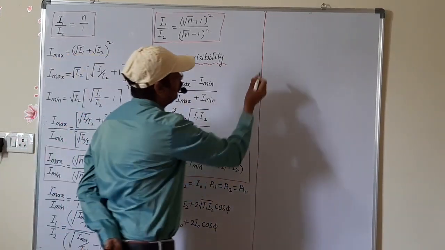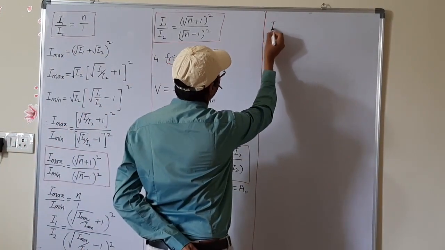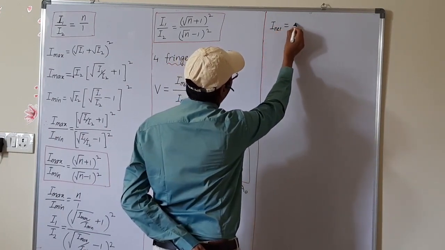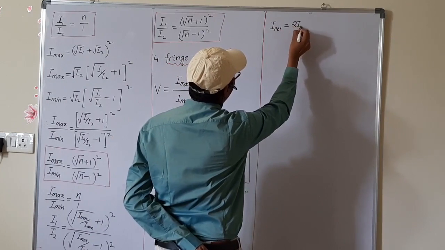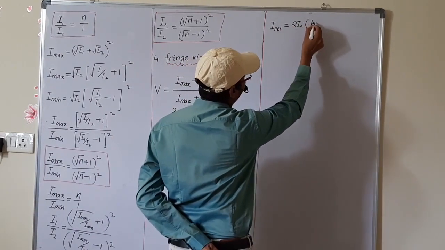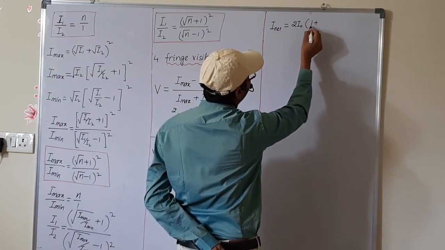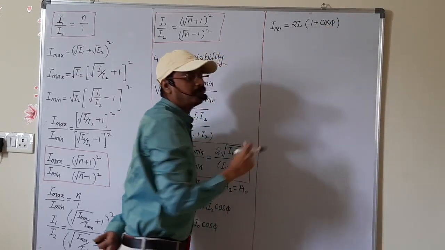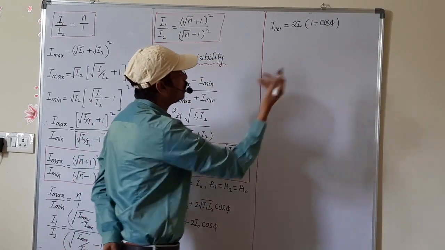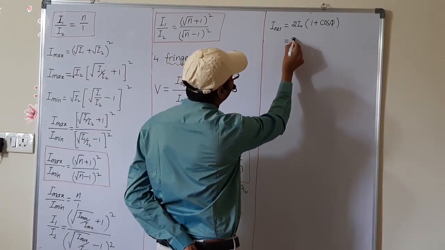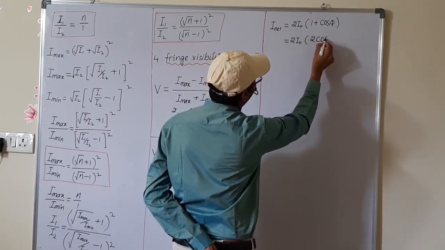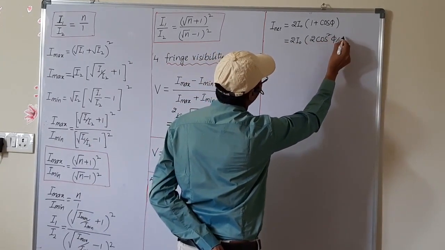If I take 2 I0 common, I net is equal to 2 I0 into 1 plus cos phi. Using trigonometry, 1 plus cos phi is 2 cos square phi by 2.